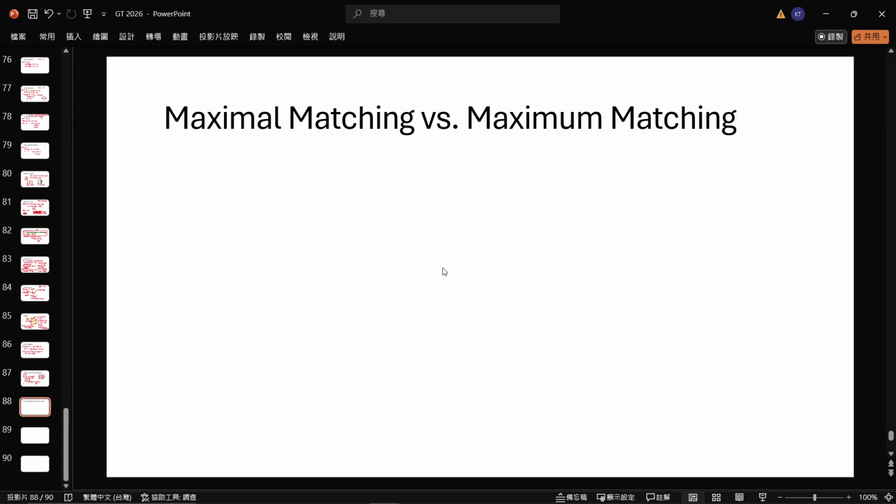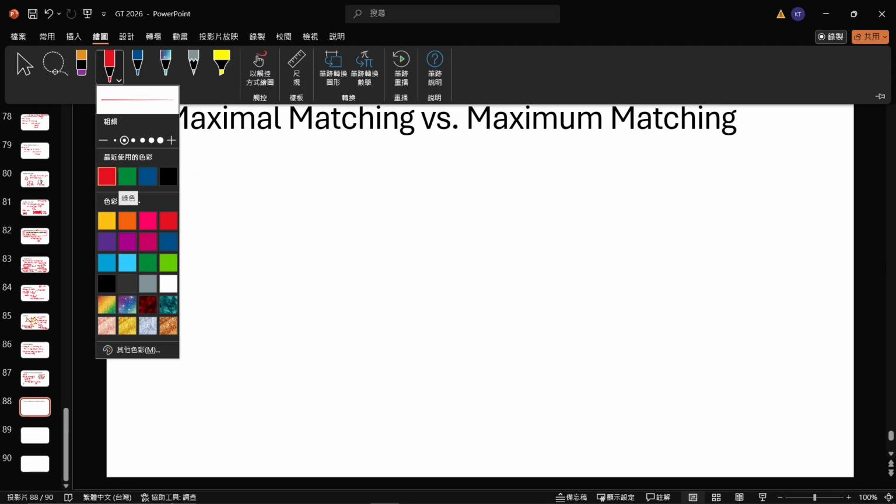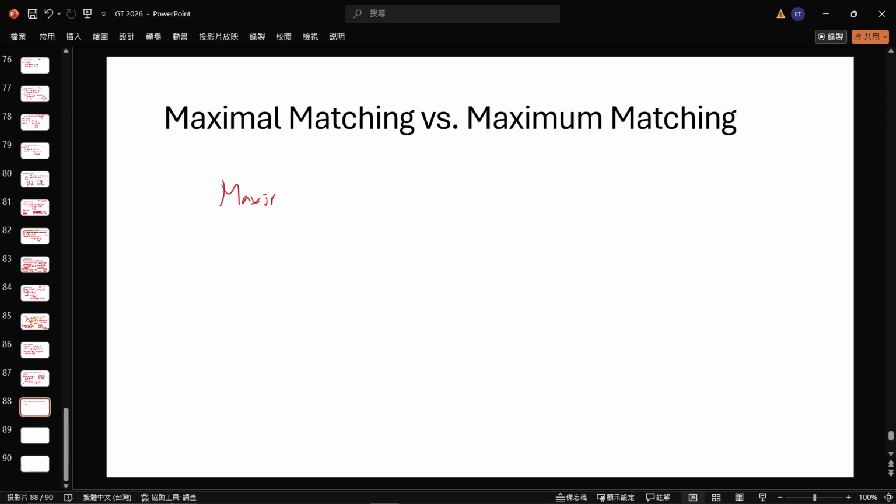So I want to show that maximum matching cannot be too small compared to the maximum matching. I'm going to show that the size of the maximum matching is at most twice the size of the maximum matching.